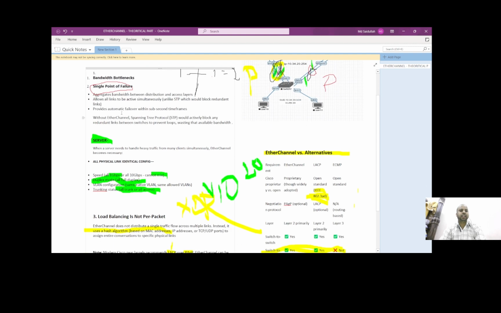I already elaborated on that. Aggregate bandwidth between the distribution and the access layer. Okay, it's very good for the access layer.